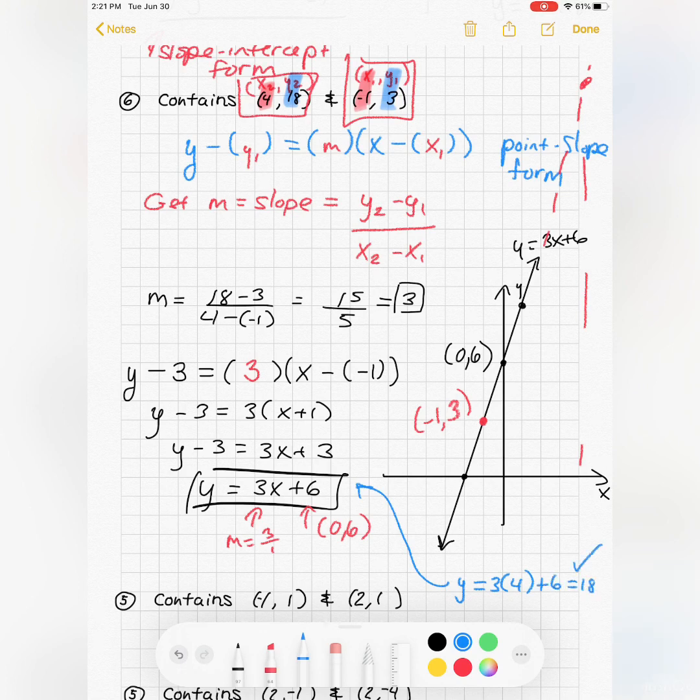So yes, looks like that's correct. So if it doesn't fit on there, that's okay. That's fine. Okay.